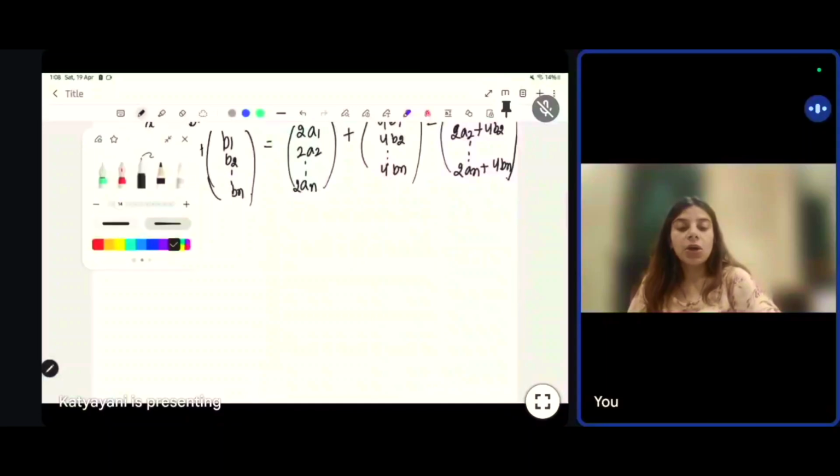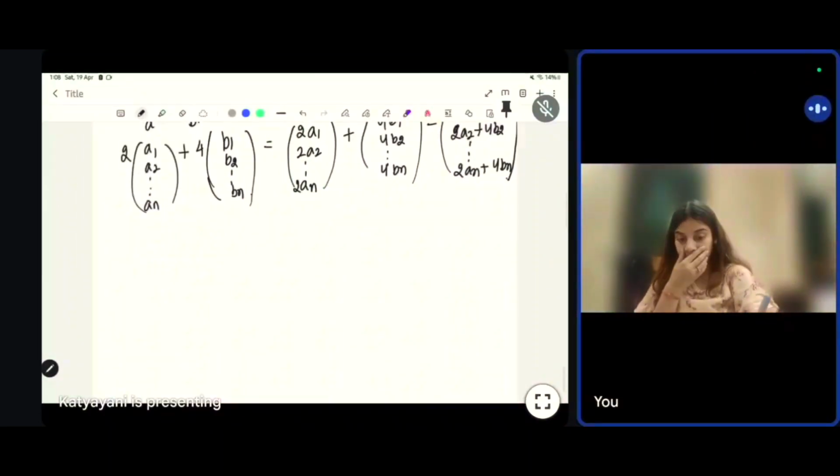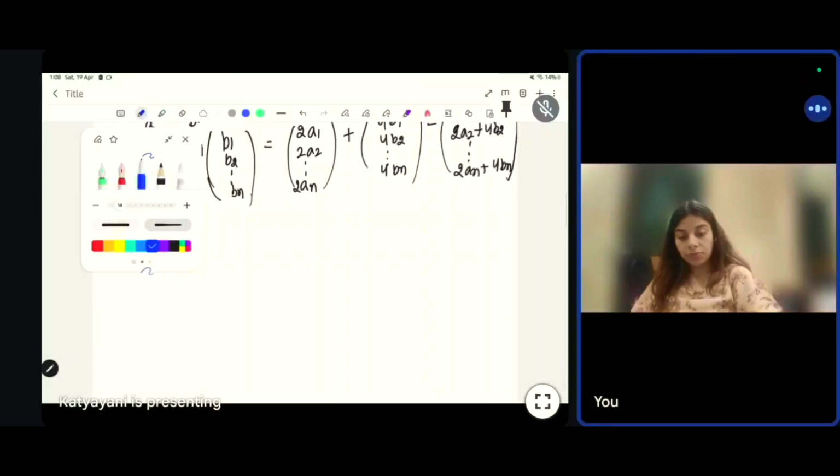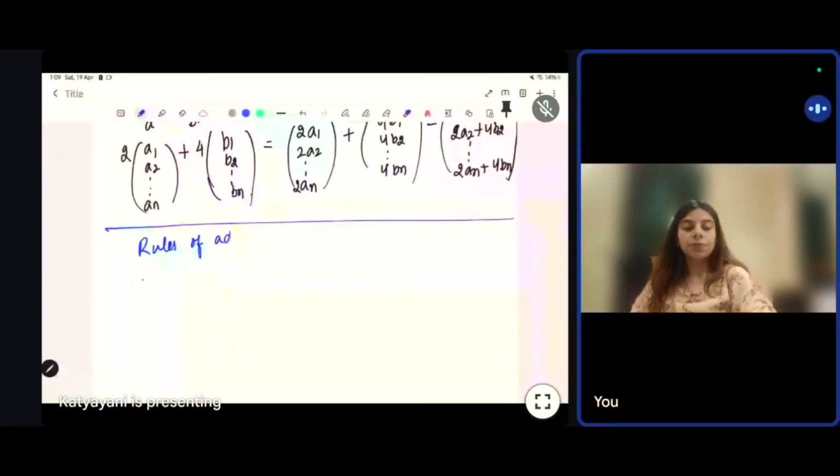Now after the operations on the vectors, let's look at some of the rules of addition and multiplication by scalars on vectors.